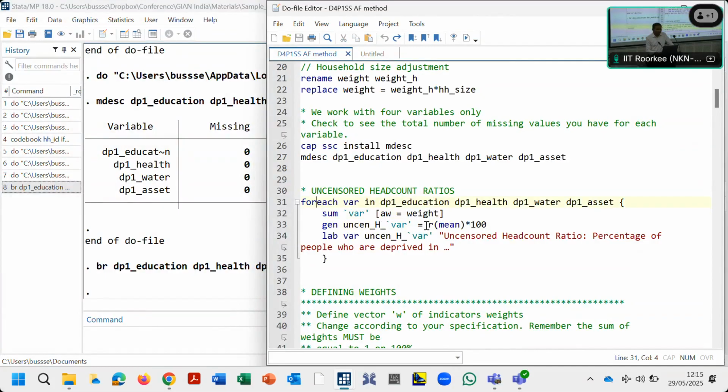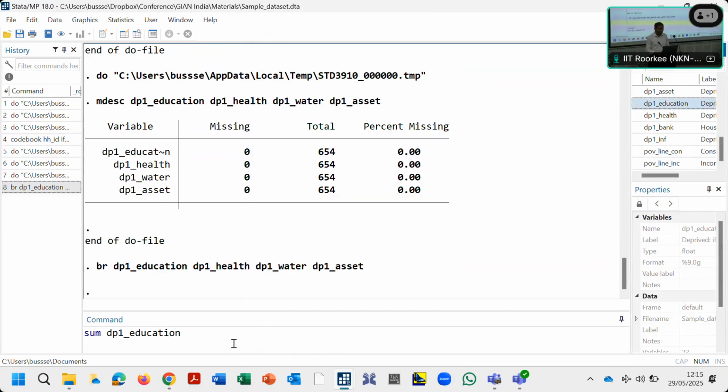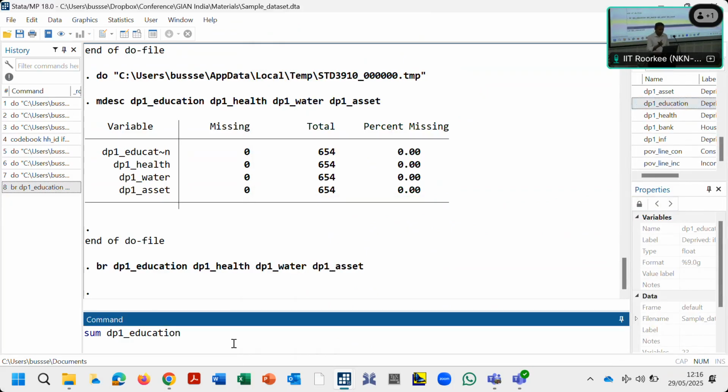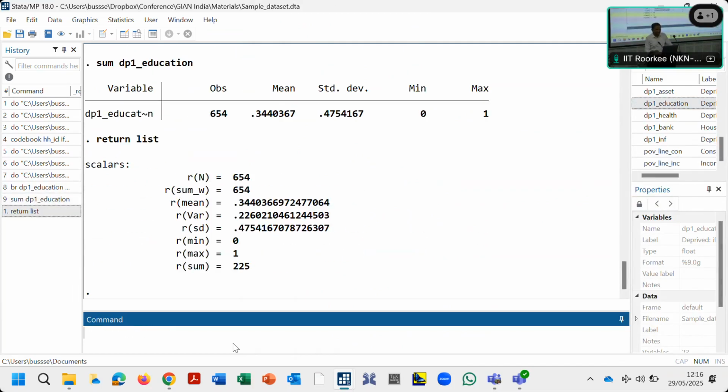You may not know what r means, so let me show you with a simple command. Suppose I write sum of a variable, sum of DP education. I'm not computing yet. I'm just showing you something. If I type that, I get these summary values, right? But STATA stores these results somewhere. If you type return list, these are the values STATA stores in the background that you do not see.